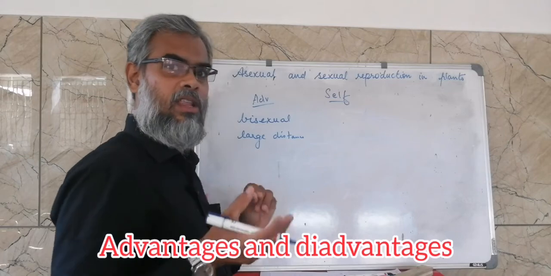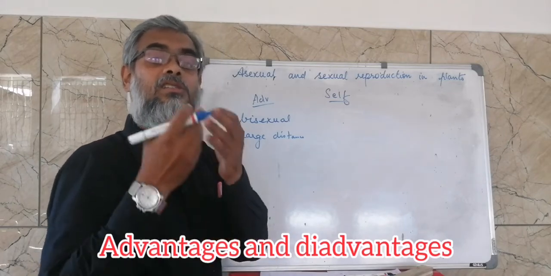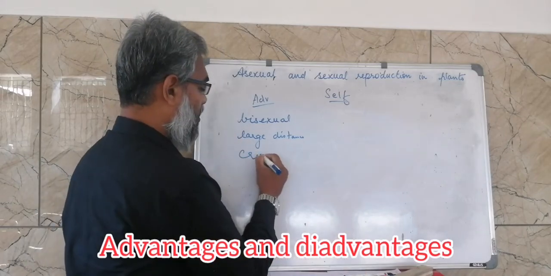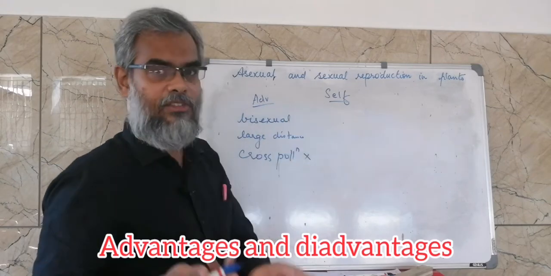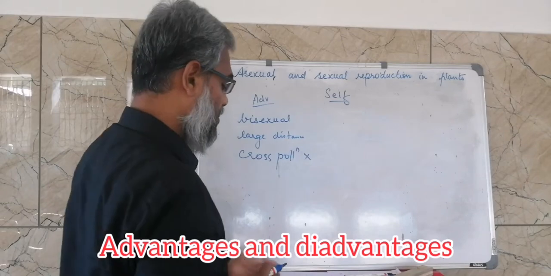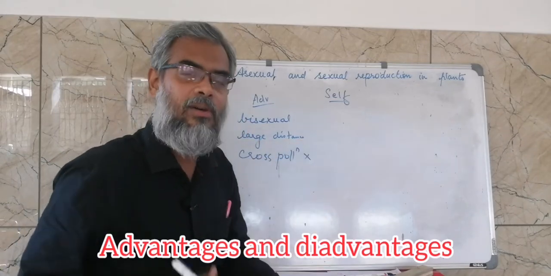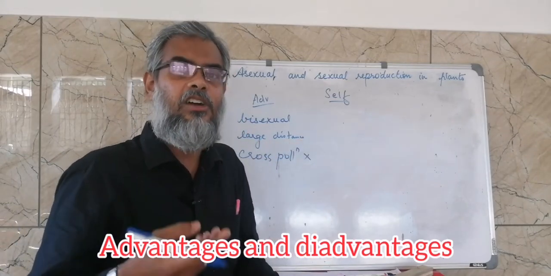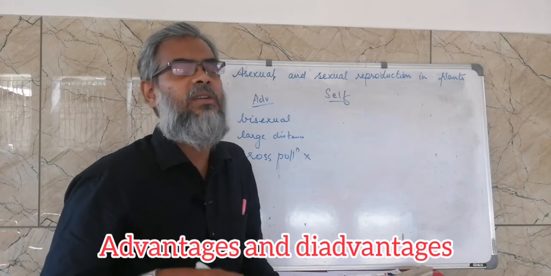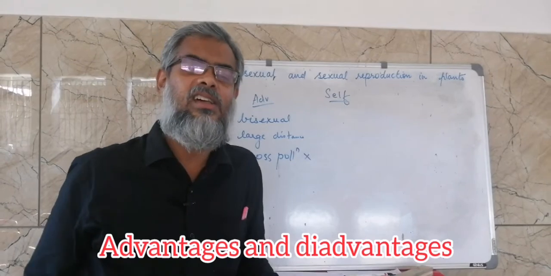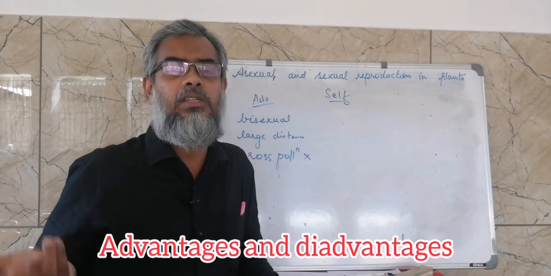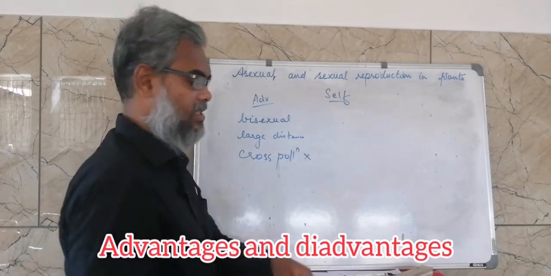In the flowers where cross pollination is not possible, self pollination only should take place. But at the same time, when self pollination takes place generation after generation, it becomes weaker progeny and no variation is seen. Disadvantages, you can say yes, no variation is seen in such cases.